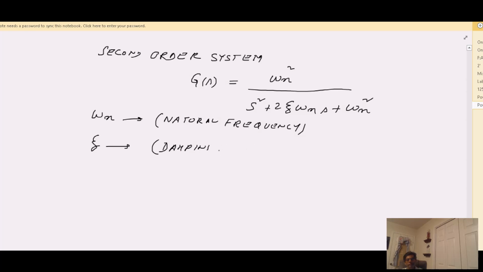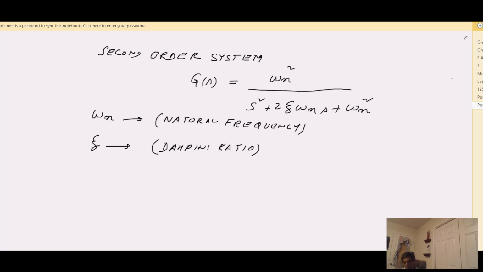Now remember, this damping ratio can really tell you whether the system is undamped, underdamped, overdamped, or critically damped, right? If you recall our discussion, that's what we talked about.